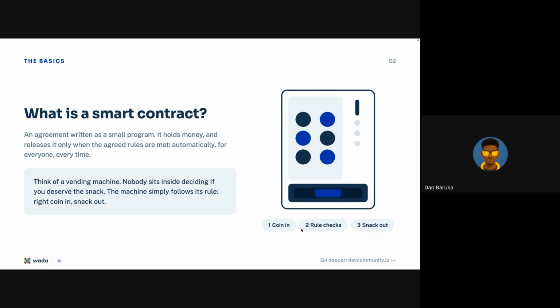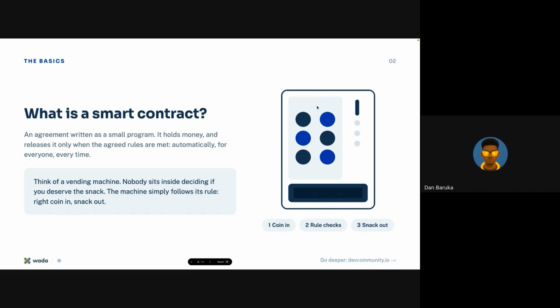So we have an example. Think about a vending machine. Nobody sits inside deciding if you deserve a snack. The machine simply follows its rules: coin in and snack out. You put in the coin, the money, and the output is the snack. It really depends.